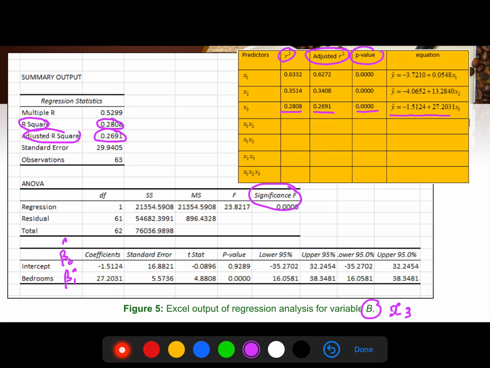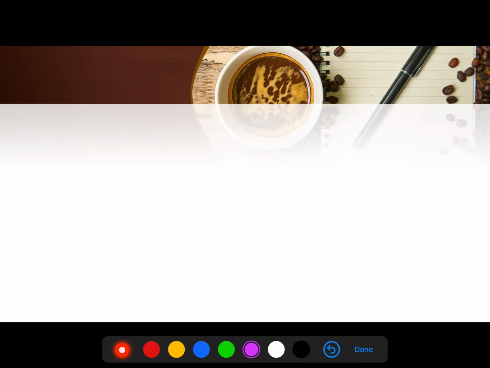So y cap equals negative 1.512 plus 27.2031 x3.